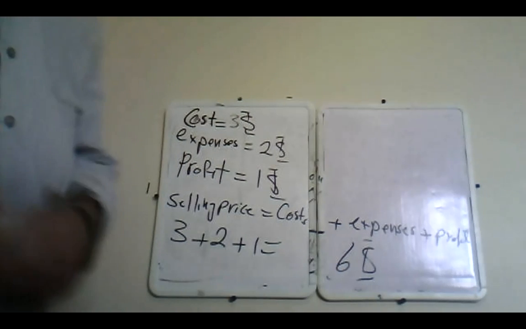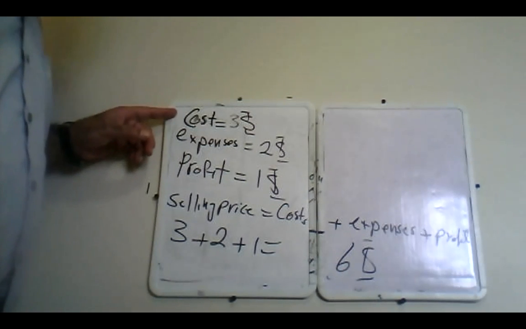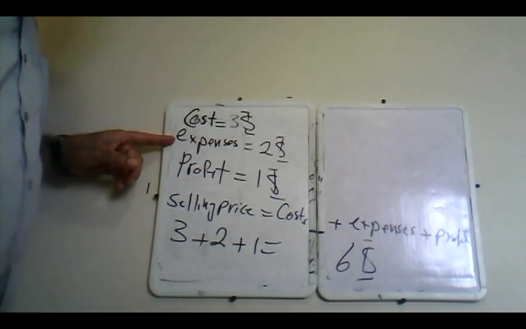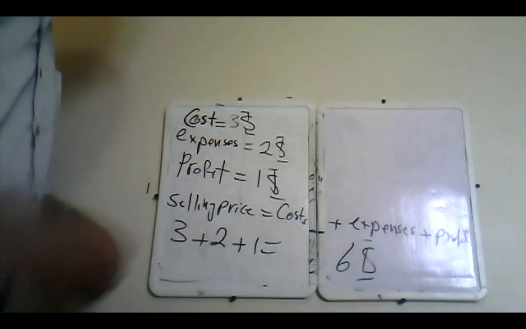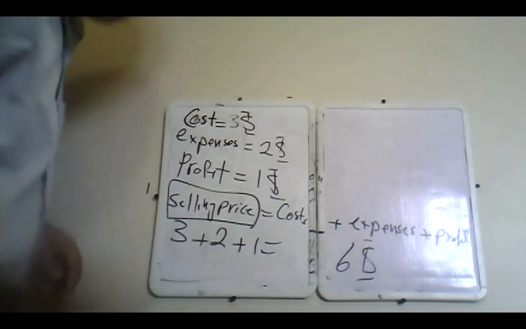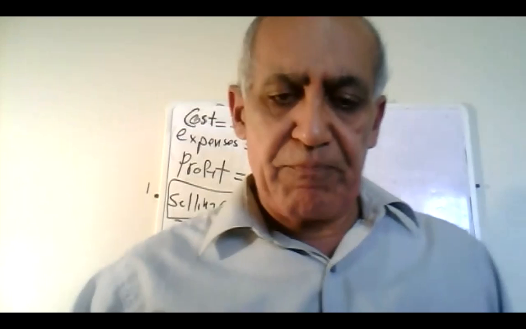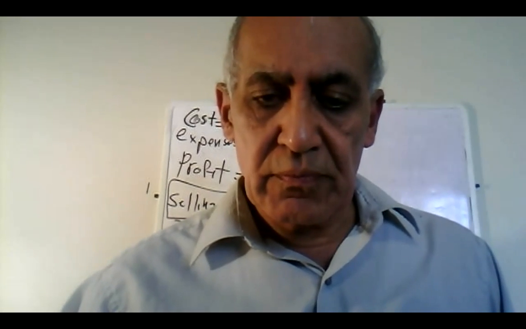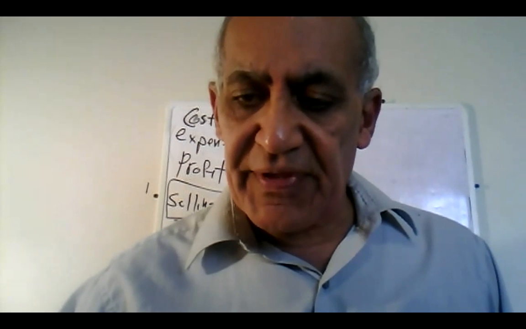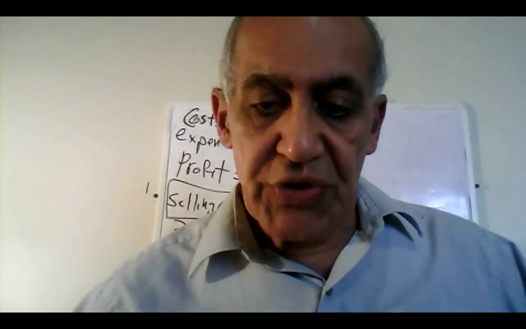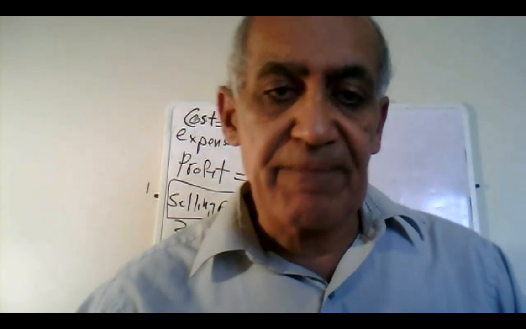Again, any selling price consists of the cost, the expenses and the profit. All of this together gives me the selling price. That's fine for the moment. So we will have an example here for what I'm talking about.